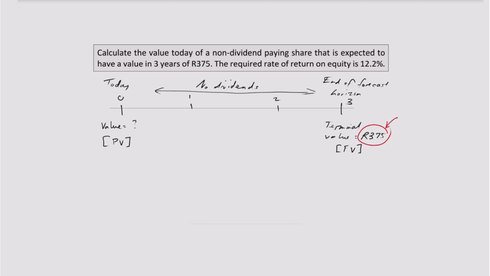Well, the calculation might be done using a method such as applying a justifiable price-earnings multiplier to a 3-statement model forecast of year 3 or year 4 earnings, but those are topics for another video. Back to this example, we are asked to calculate a value for the share today given a required rate of return on equity of 12.2%.